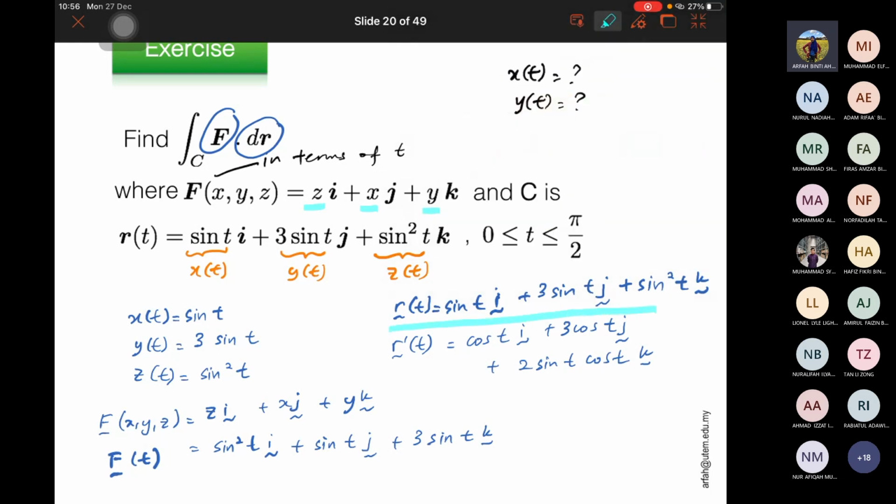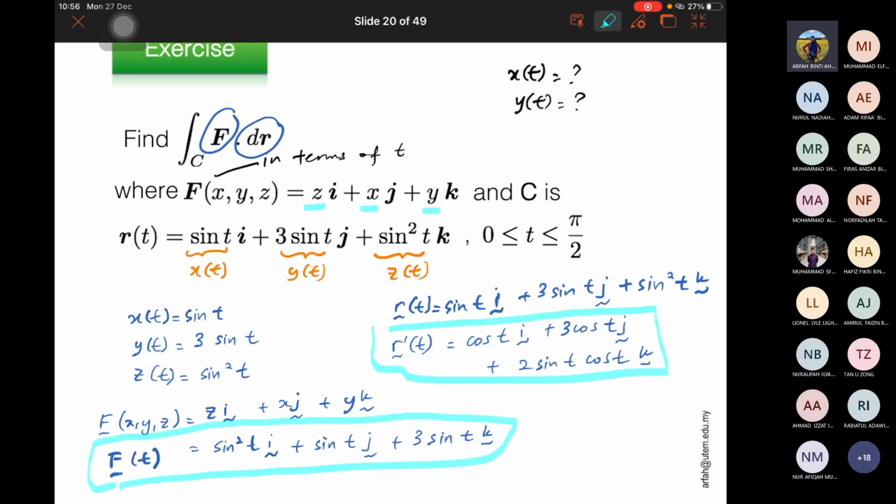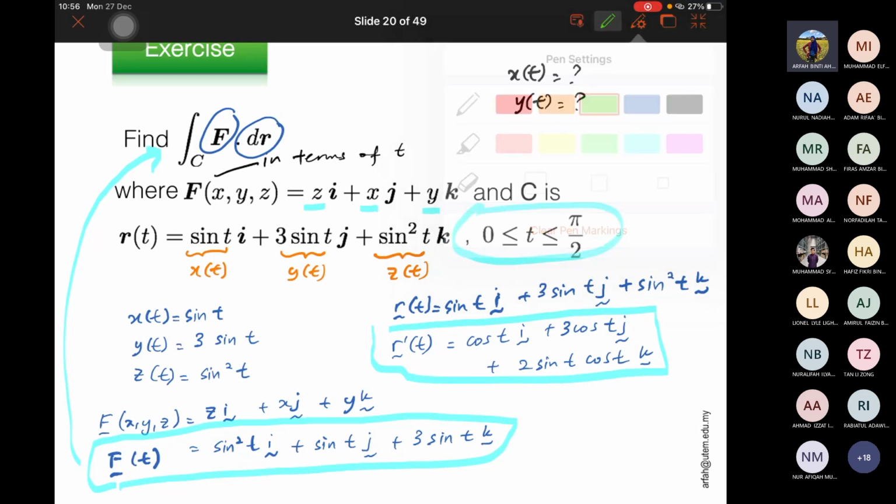So this one having dot product with this one. Kita nak masukkan dekat dalam yang ini. So dia punya t 0 sampai pi per 2. So dapatkan dia punya dot product for these two.